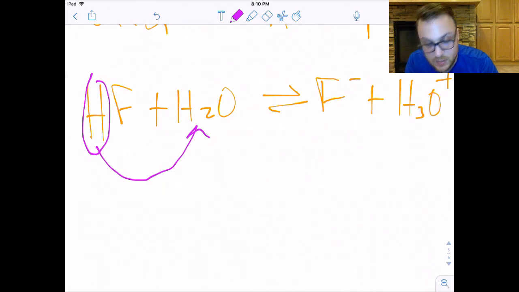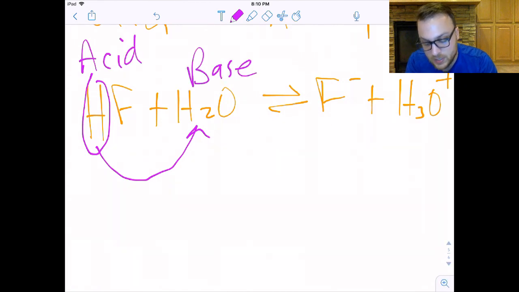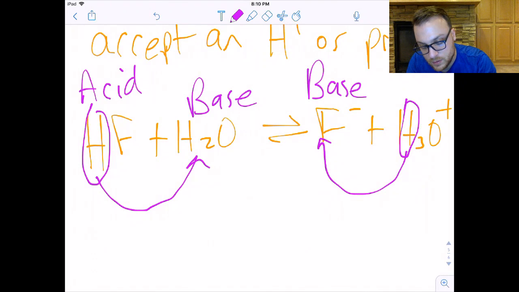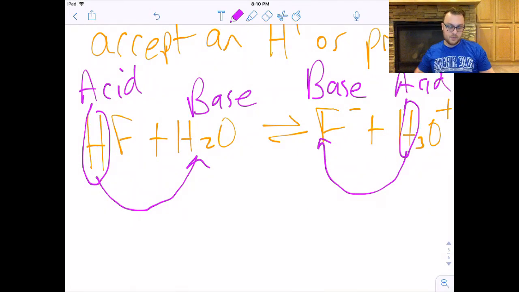So HF is donating an H, and H2O is accepting an H. And then if you read it right to left, to go backwards, one of the H's from H3O has to go back and attach to F. So F minus becomes the base on the right-hand side, while H3O plus is the acid.